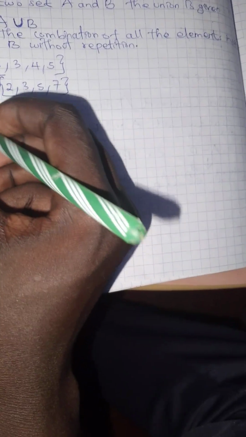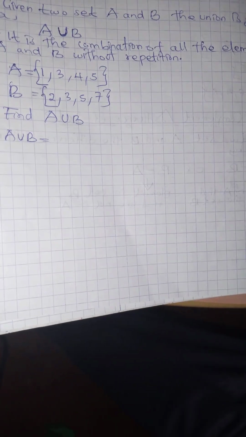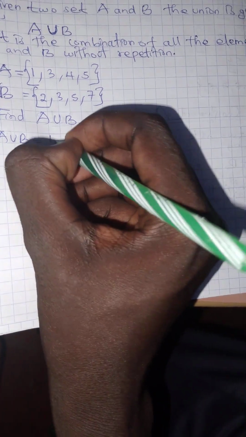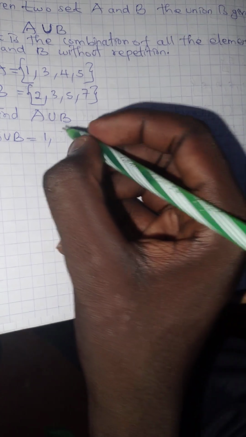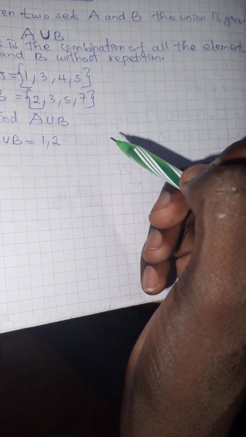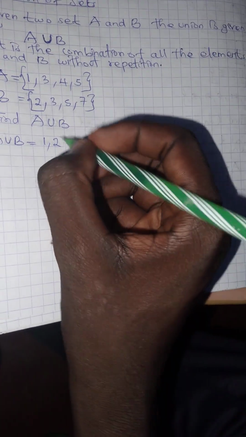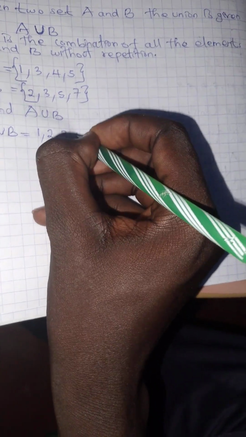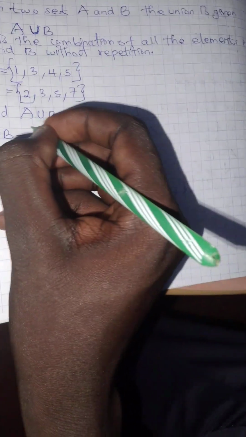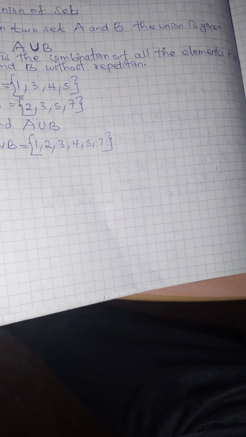So let's look at this one. We start with 1, 2, and 3. 3 is in both, so we just write 3 once, without repetition. Then we proceed to 4, 5, and 7. This is the union of a set. That's how it's being done. Simple.